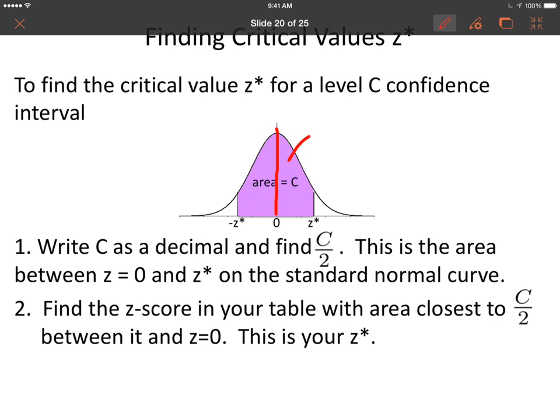So now this looks like C over 2, and this is C over 2, where my confidence level C has been written as a decimal. So all you're going to do is look in your table for the area closest to C over 2 and find the z-score that it corresponds to.